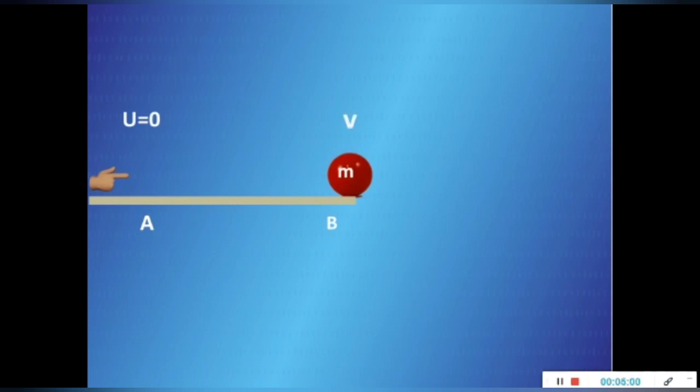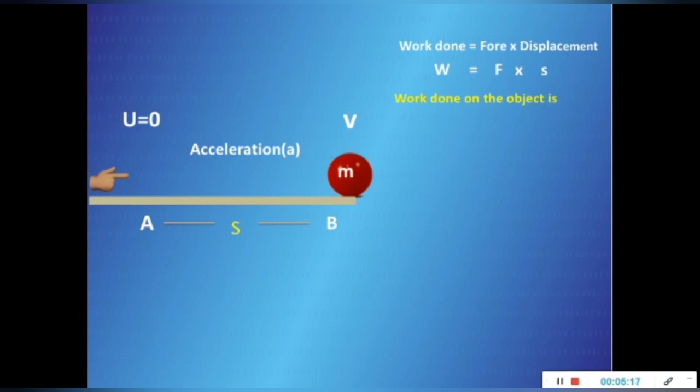The distance between A and B is S, and the acceleration is a. Work done is equal to F into S, that is, W is equal to F into S. Work done on the object is equal to the kinetic energy possessed by the object. W is equal to KE is equal to F into S. Let it be equation 1.